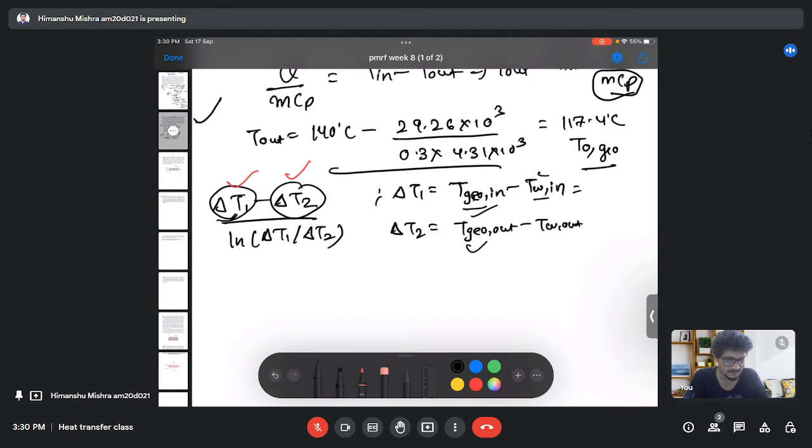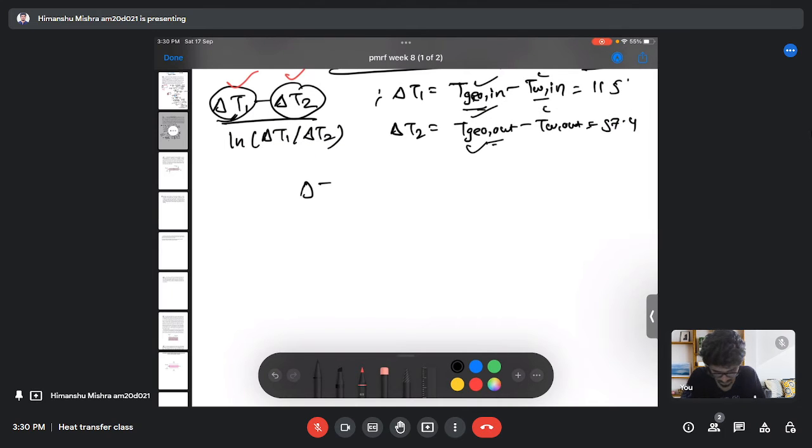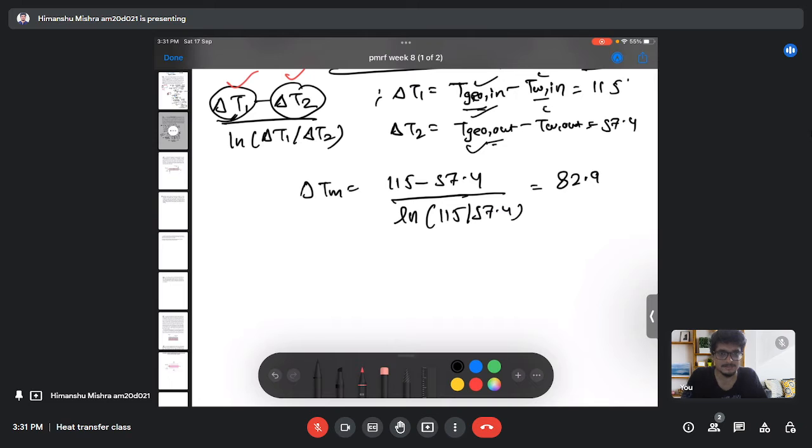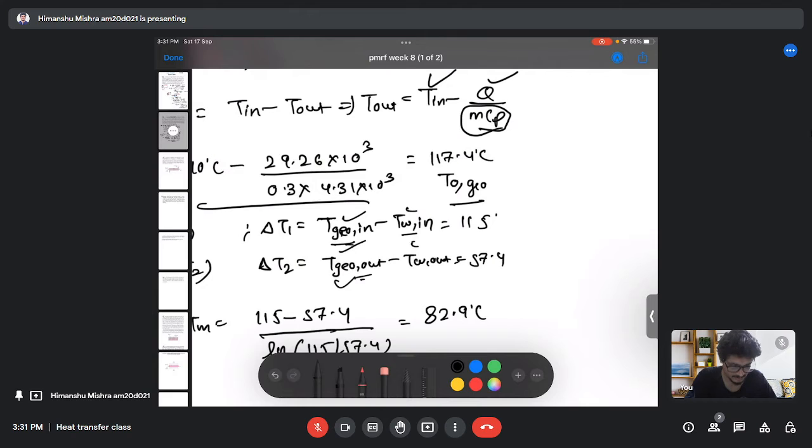We already have all these quantities, and my delta T2 is the difference of the outlet temperatures of the geothermal water and the normal water. So I just need to plug in these values and I will find delta T1 is 115 and delta T2 is 57.4. So my log mean temperature difference will be around 82.9 degrees Celsius.